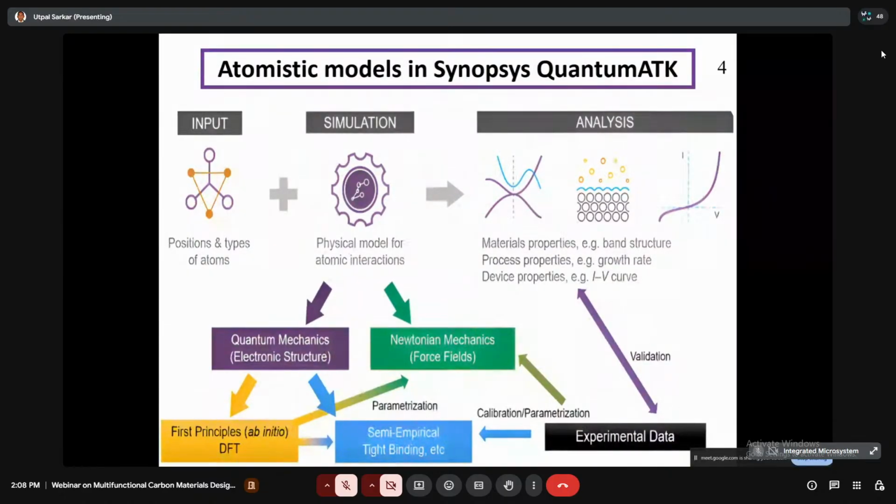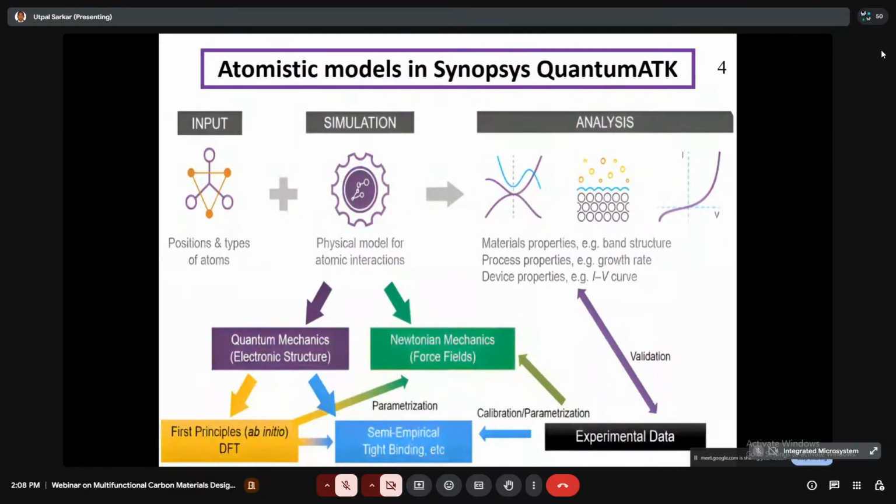So it has input, and then once the input is ready, you have to put it in the simulation, and once the result is ready, you can analyze it with the help of the GUI again. And there are two types of calculations you can do. One is quantum mechanical calculations and the other is Newtonian mechanics, that is classical force field calculations.